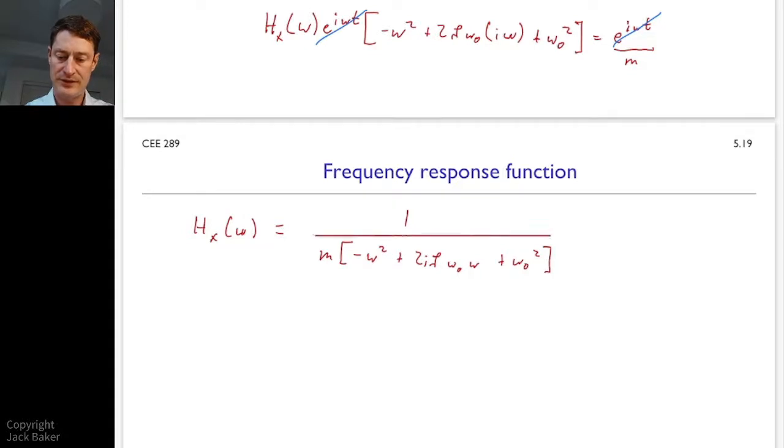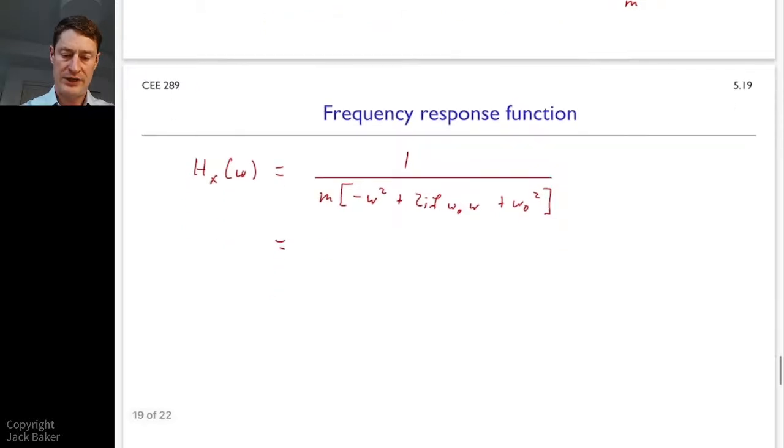So I'm going to take this as 1 divided by m, and then let's take omega naught squared minus omega squared up front, and then I'll take 2i omega naught omega on the right.